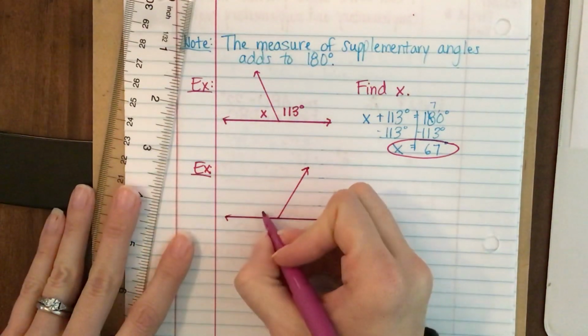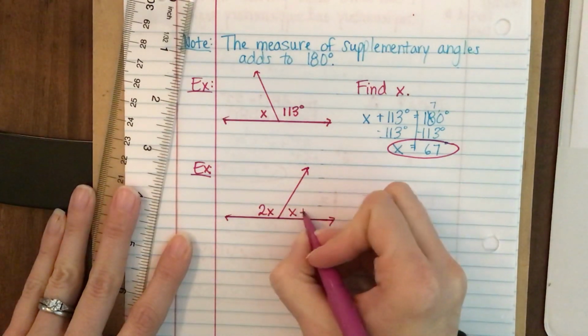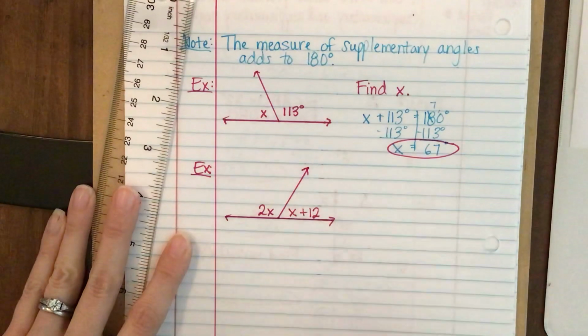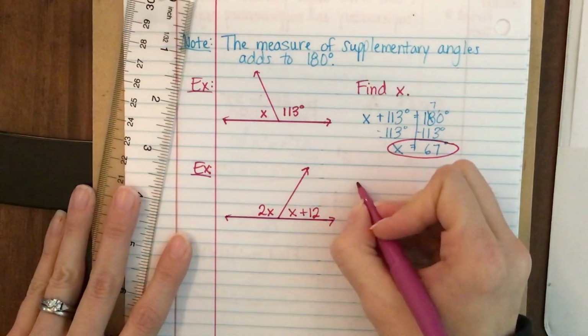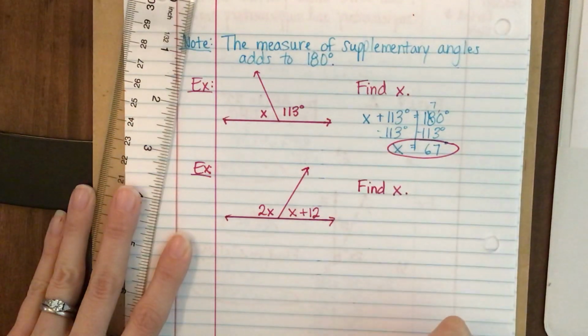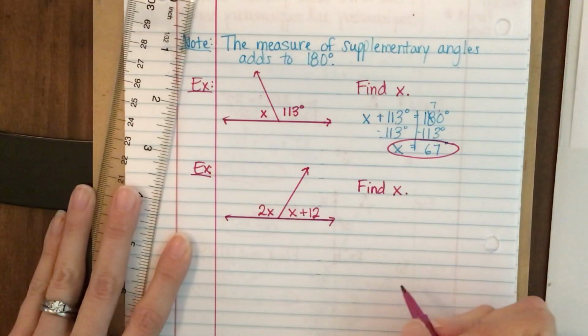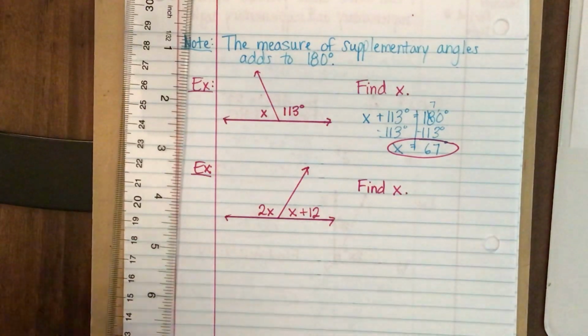Okay, so we're going to say that this angle right here is 2x. This angle right here is x plus 12. Okay, so the first thing we're going to do is find x, and then we're going to find the measures of these two angles. Okay, so let's go ahead and start with the algebra first.